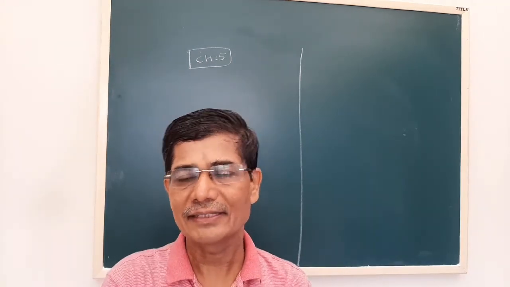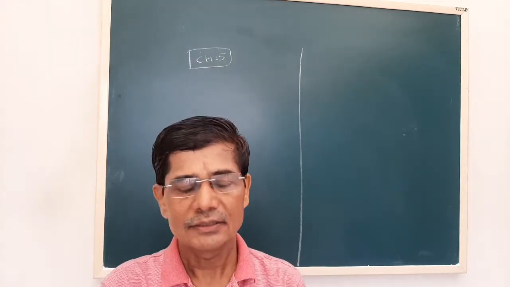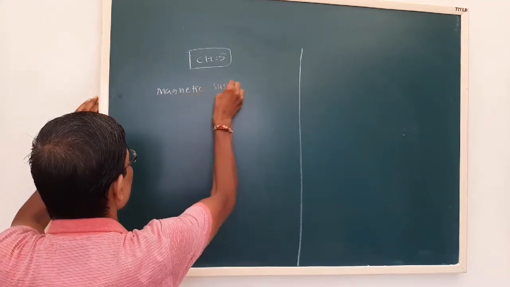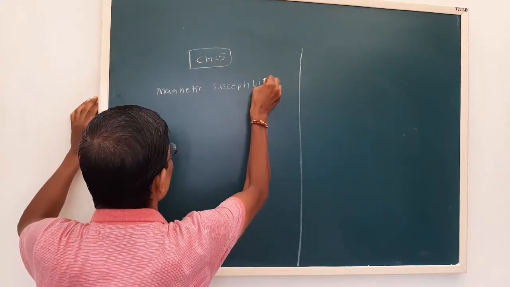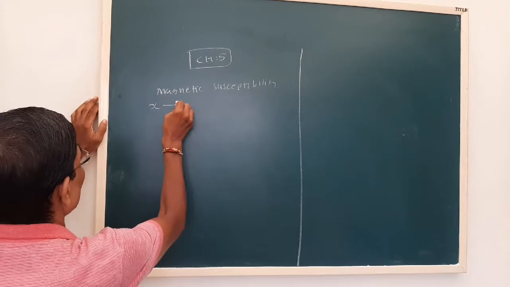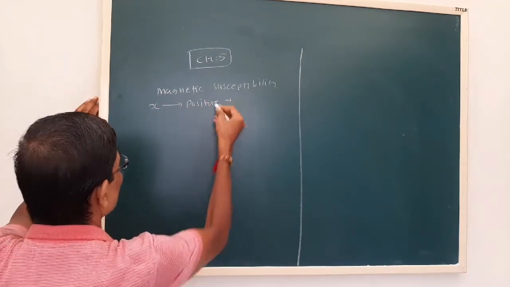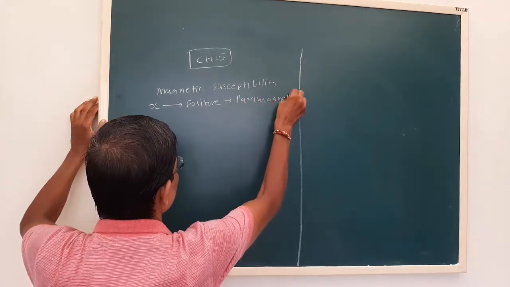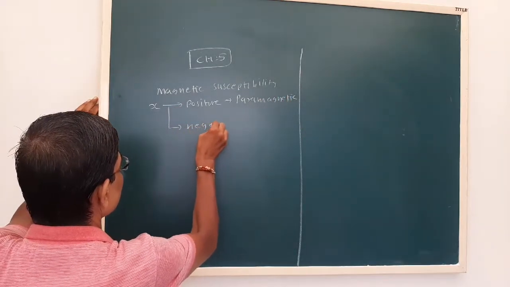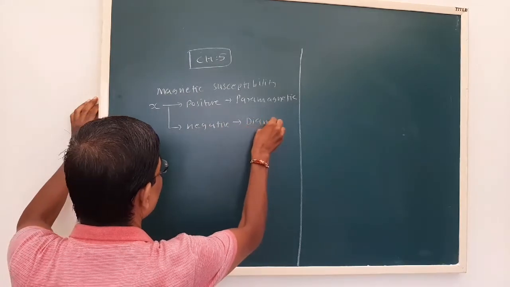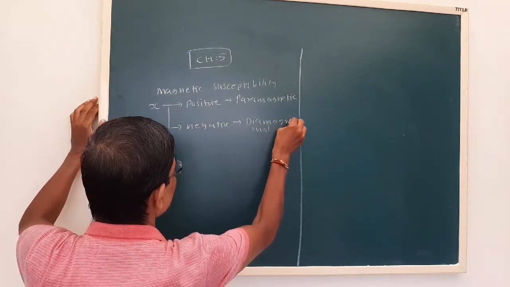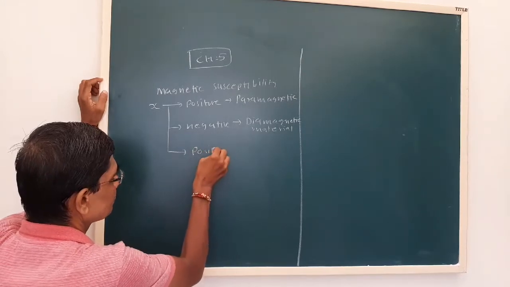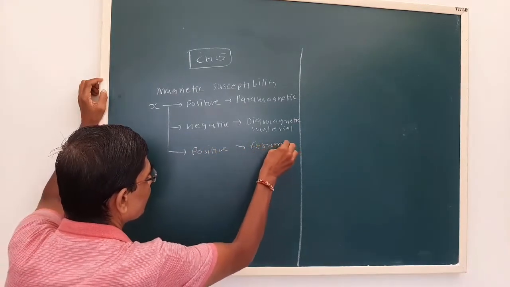We talked of magnetic intensity H and magnetization M. We saw that the susceptibility chi is positive for paramagnetic material, negative for diamagnetic material, and it will be positive for ferromagnetic material.